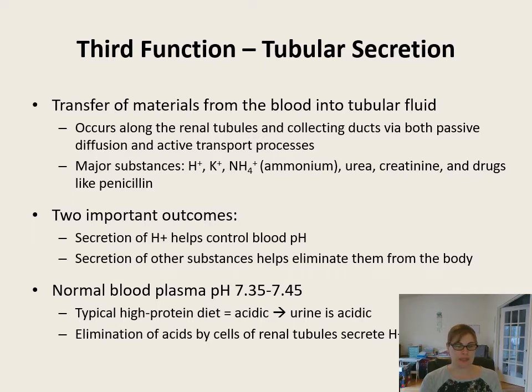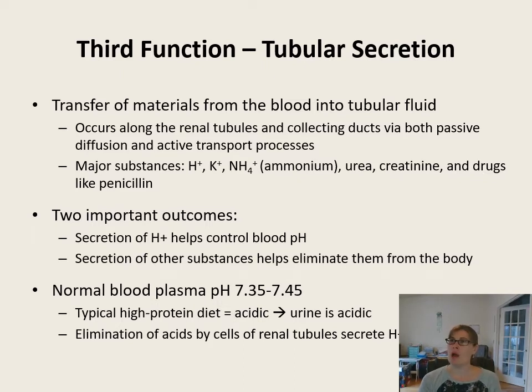So normal blood plasma pH, all right, typical high protein diet. I just want to make sure you can see this because I know my picture's there. If you eat a lot of protein, then your urine can be more acidic. The pH of your urine can change drastically based on how many alterations have happened with your blood pH.